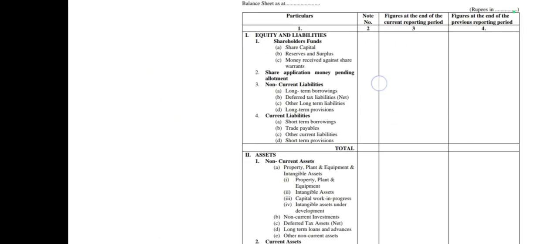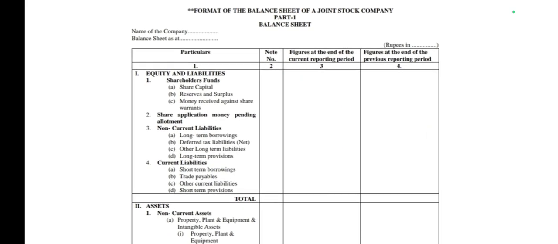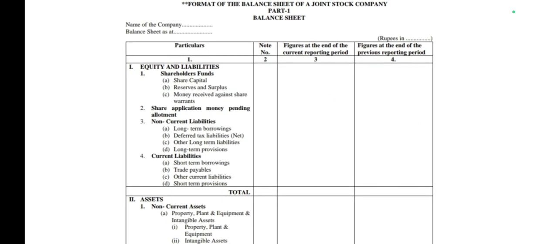So this is how it is prepared. First we write the name of the company, and then "Balance Sheet as at". "As at" means the particular date on which we are preparing the balance sheet. Generally this date is 31st March, that is the ending date of the financial year.